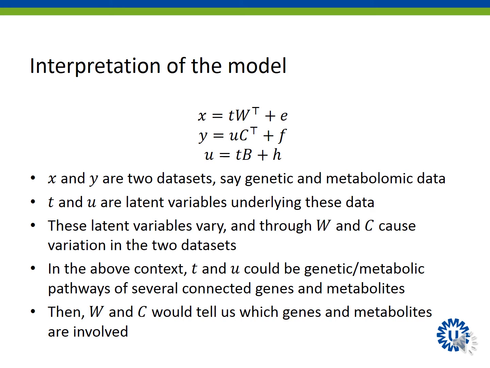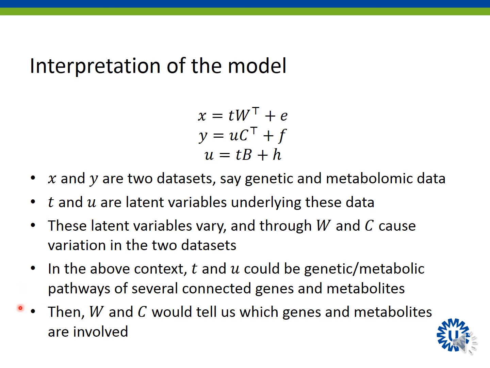To give an example in the above context, genetic and metabolomic data, T and U could be genetic and metabolic pathways of several connected genes and metabolites. So T, as we've seen before, is a combination of genes, and a genetic pathway is actually a combination of genes. So T could represent a pathway. And the same holds for U, which could represent a metabolic pathway.